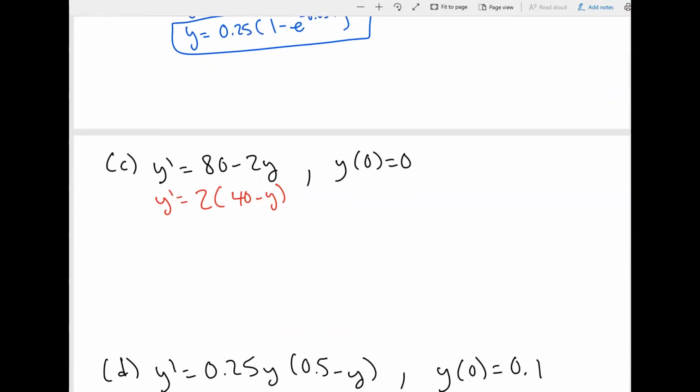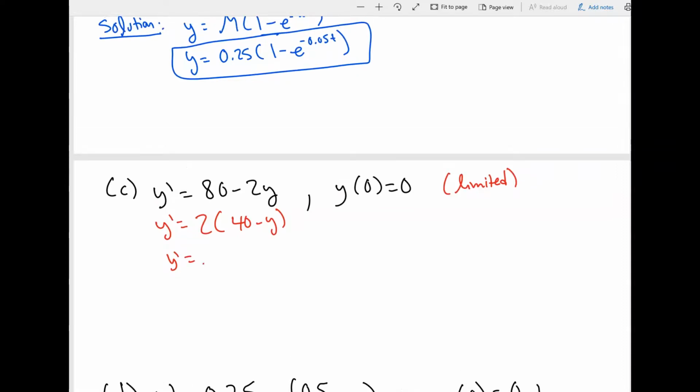And then you can clearly see that this is a limited problem. So my differential equation is going to be y' = a(m - y). Here you can see that a is equal to 2 and m is equal to 40.